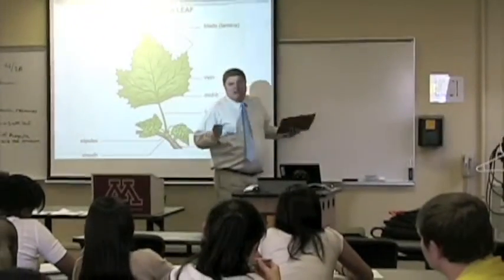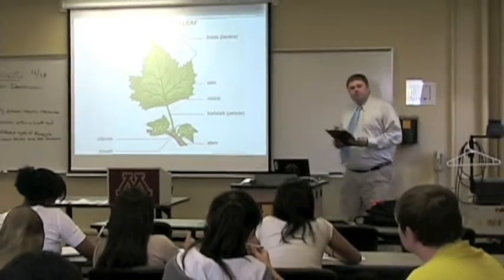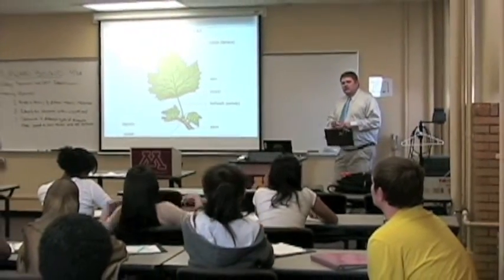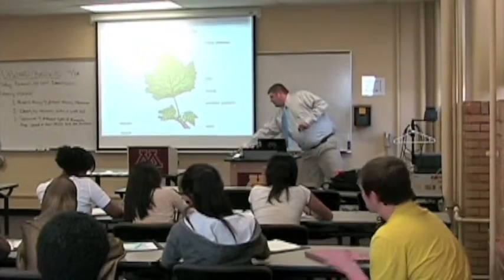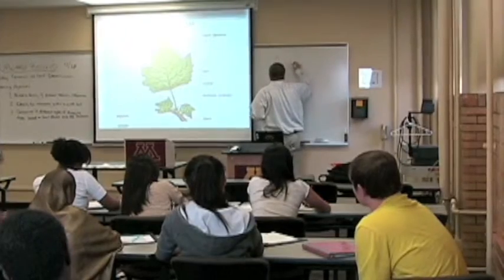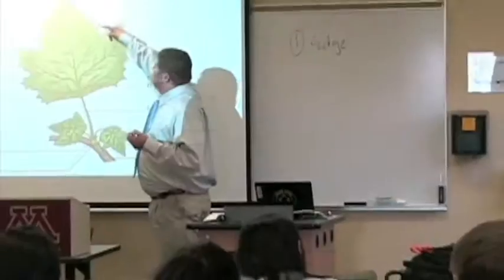Does everybody know how the leaves on trees differ from each other? There's 3 different ways. Well, the first one is by the edge. So you see here, it's jagged.